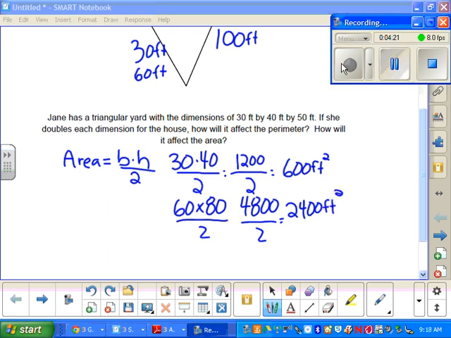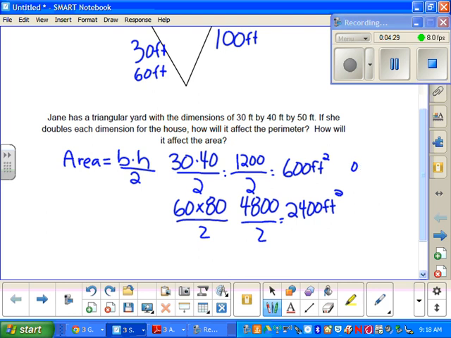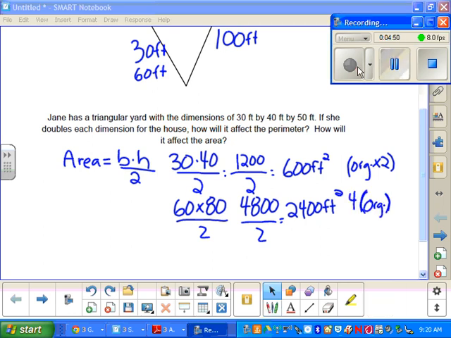So guys, for this area, instead of doubling, it actually quadrupled in area. So that's how it changed. Okay guys, that's 4 times the original.